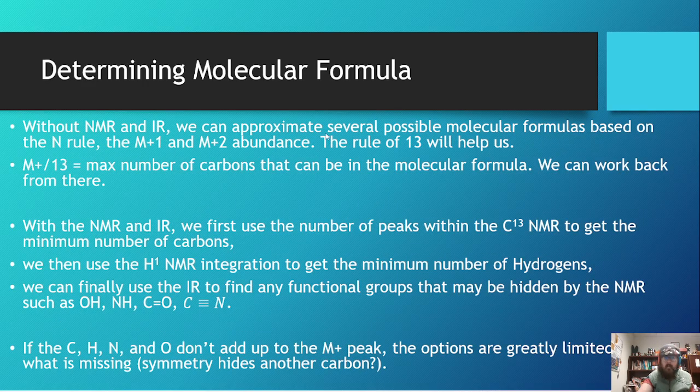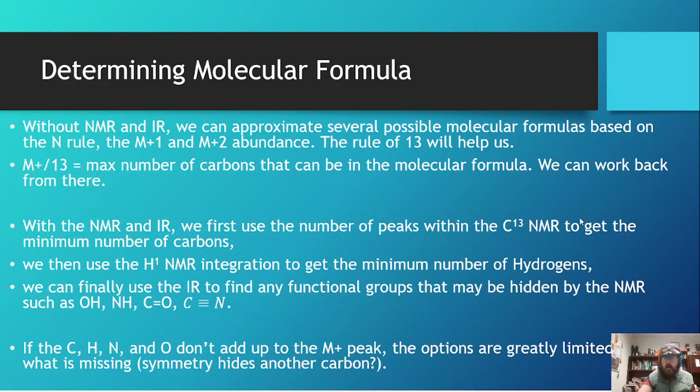Now, how do we determine the molecular formula? We're not going to go too much into this, but there is a rule that gives a place to start. Take your molecular ion and divide it by 13. That will determine the maximum number of carbons you could possibly get.